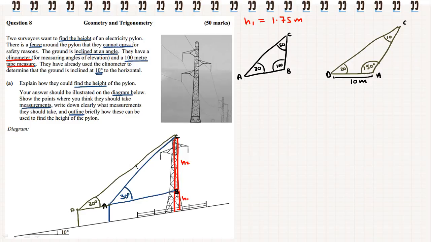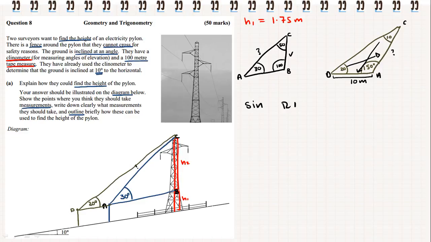We want to remind ourselves, we want to find AC, because then we can use AC to find BC, which is what we're looking for. So in this triangle, we can find AC. We have all of the angles and one of the sides, so we can use sine rule to find AC. We have the angle 20, we're looking for AC. We have the angle 10, and we have the corresponding side, 10 meters.